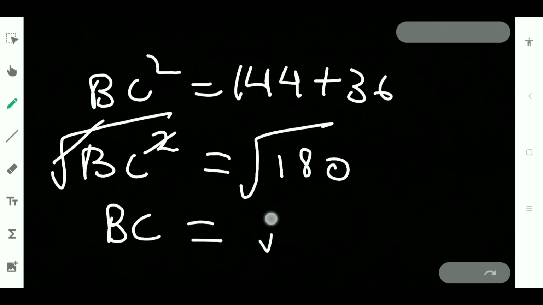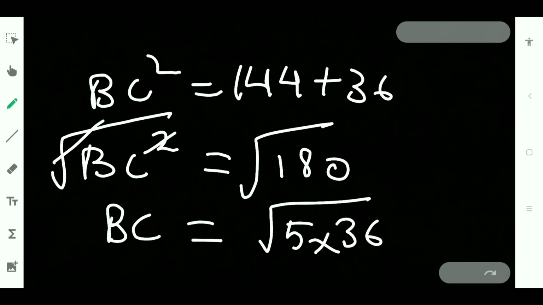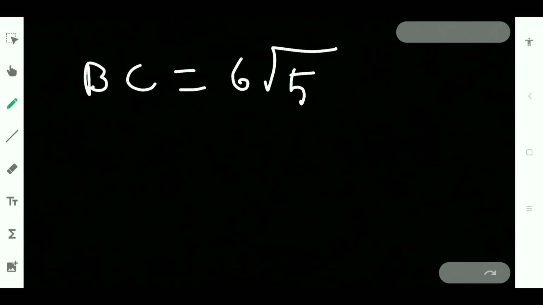Root of 180 is nothing but root of 5 into 36. 180 is nothing but 5 into 36. I am splitting over here. Square root of 36 is nothing but 6. So when you take 36 out, you will be getting 6 root 5. BC is equal to 6 root 5.